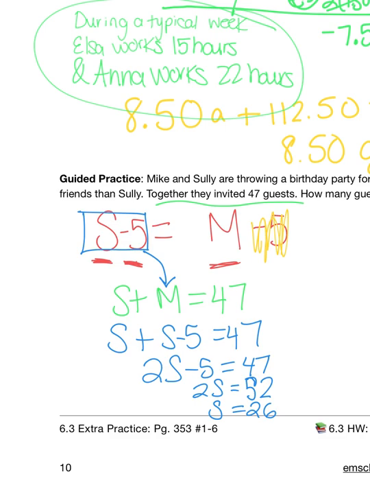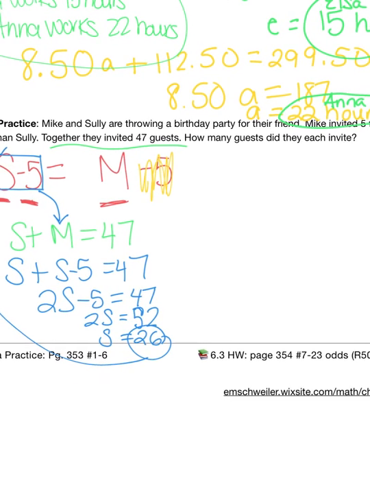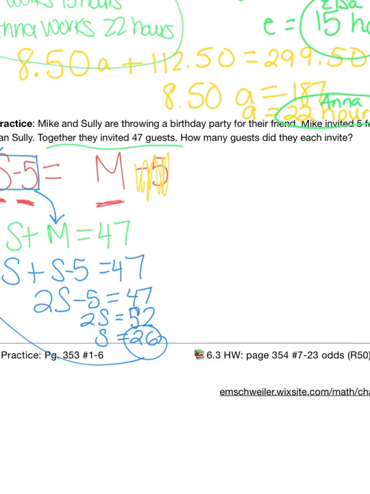So the number of guests Sully invited when we divide by 2 gets us 26. So because Mike invited 5 fewer, we just would technically plug this back in here, and s minus 5 is 21. So that's saying that Mike invited 21. So let's check. Does 21 plus 26 equal 47? It does. And Mike invited 5 fewer, so Mike should have less people, does he?